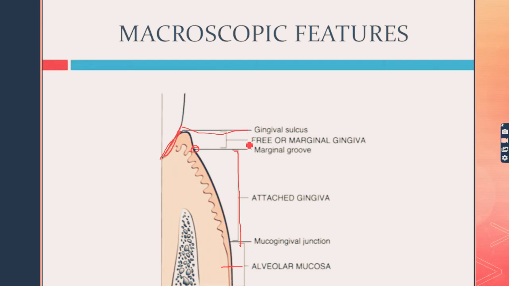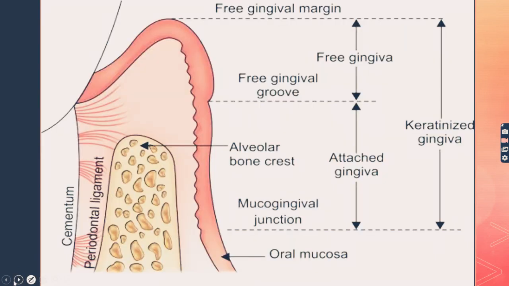Between the gingival sulcus and the marginal groove, free or marginal gingiva is present. This portion is free or marginal gingiva. See, free gingiva is here and attached gingiva is here.